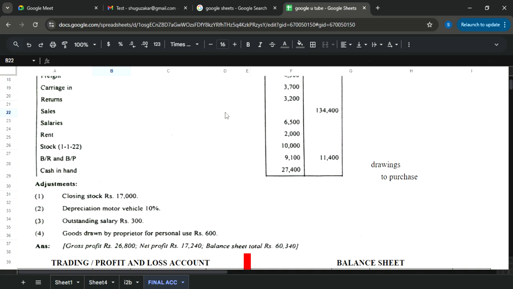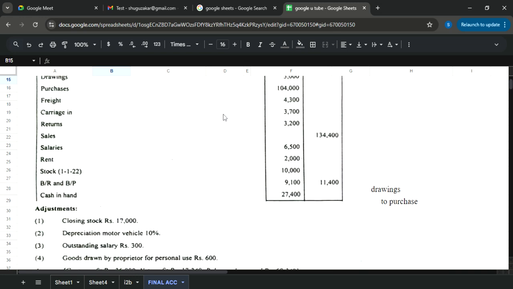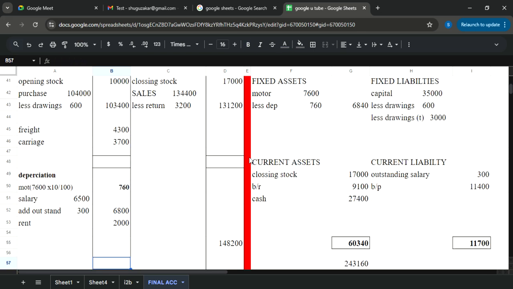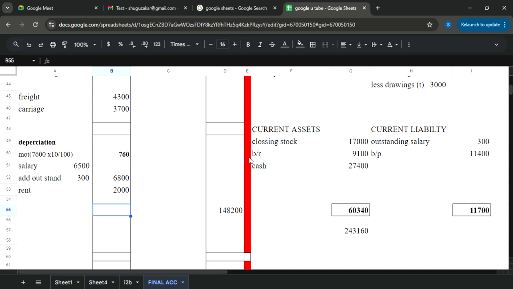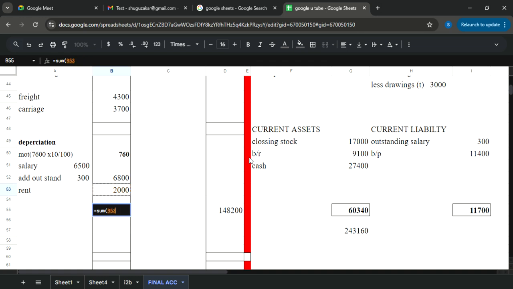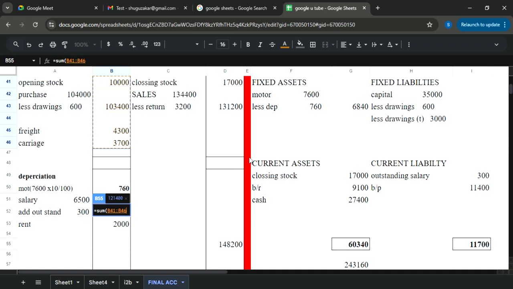So guys, what we have is, now we are ready to calculate the sum of direct expenses. This is 1, 2, 3 and 4 amounts.